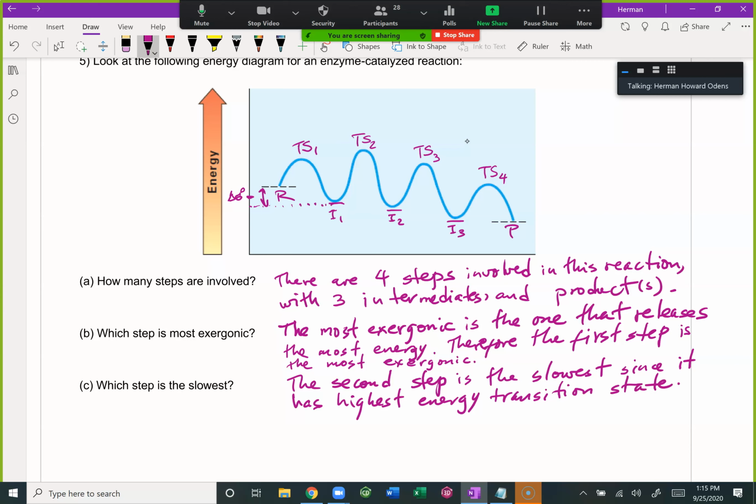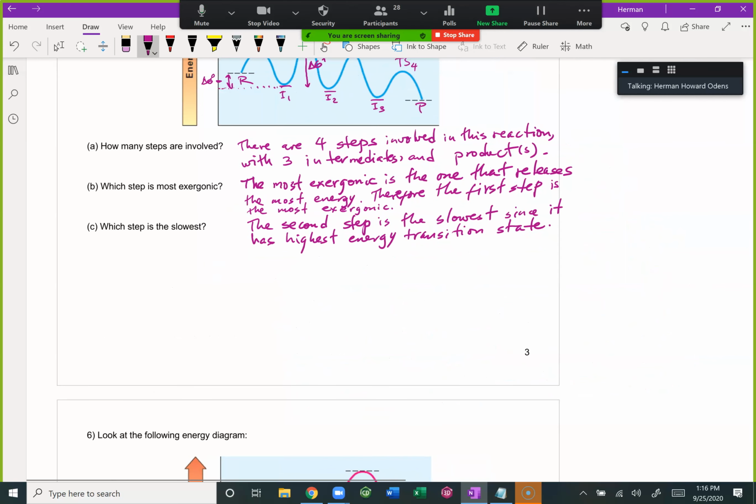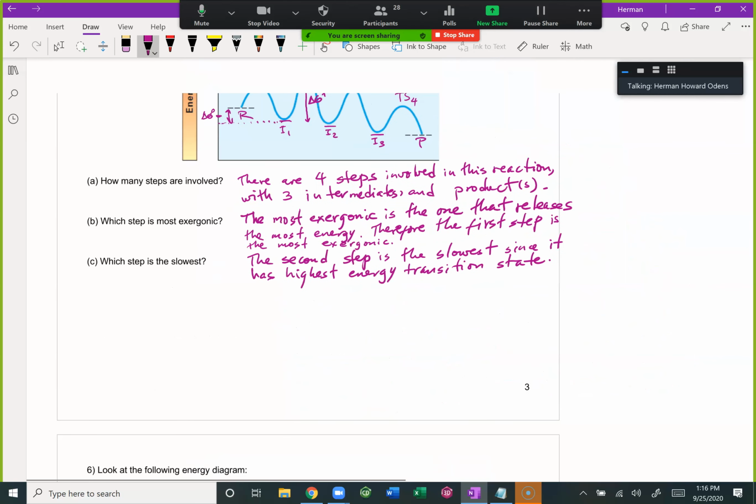All right, so this one goes from here to here, and so it's the highest. So this will be a delta G double dagger because we're dealing with a transition state, not a final step or a completed step. So this is just a transition state. So therefore, it's a delta G double dagger. All right, that's pretty good.